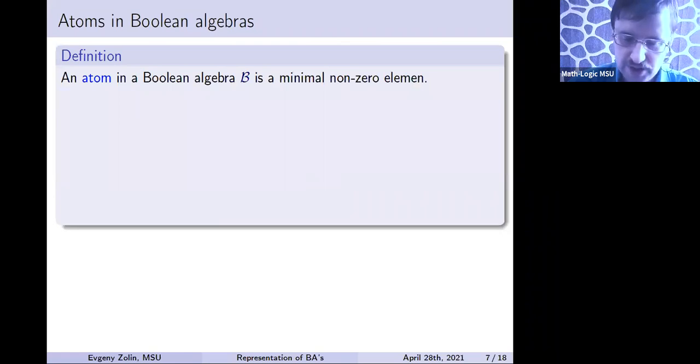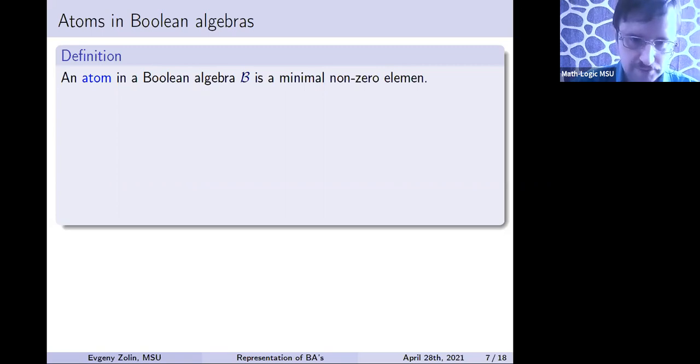And with respect to this partial order, some elements may be minimal and some maximal. Let us consider minimal elements. Of course, the smallest element in the Boolean algebra is 0. It is not interesting. But above 0, we might have some other minimal elements, and they are called atoms.